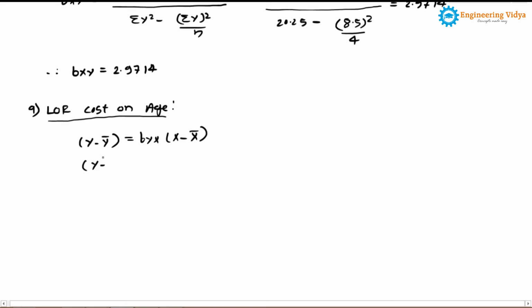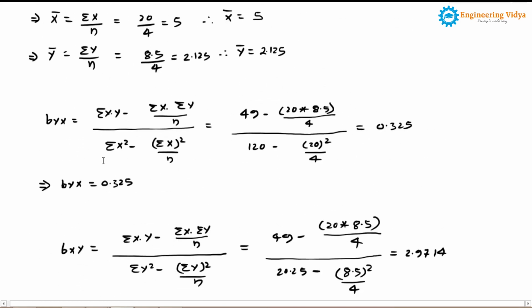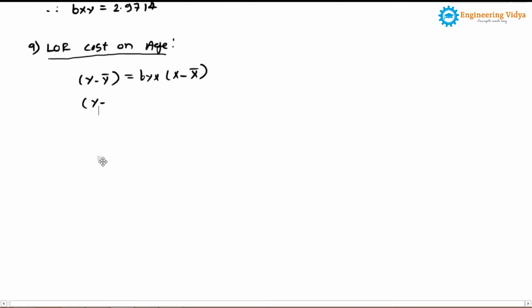Here y bar has been calculated, and y bar is 2.125. So we'll put the values over here: 2.125, then byx times x minus x bar, where x bar was 5.